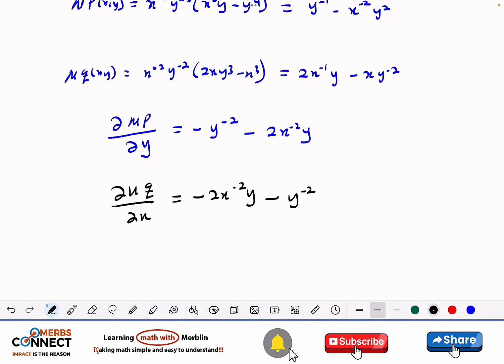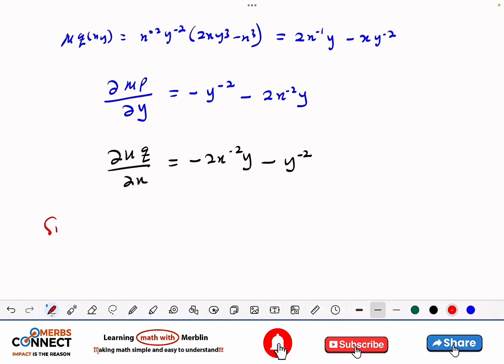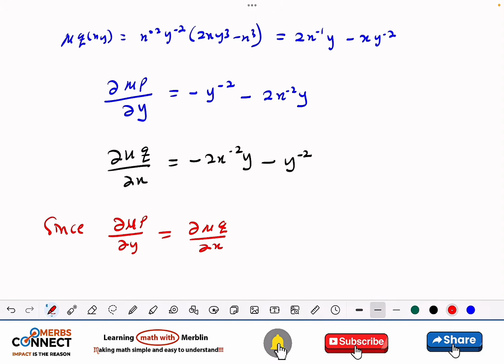And we see that this is the same as that, because this is the same as this, and this is also the same as that. So we are saying that since the partial of mu p with respect to y is the same as the partial of mu q with respect to x, then mu is the integrating factor of the differential equation.